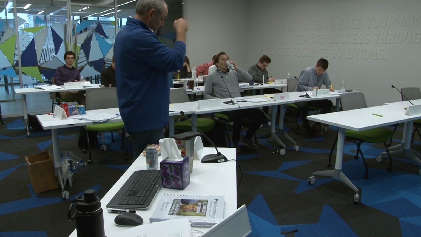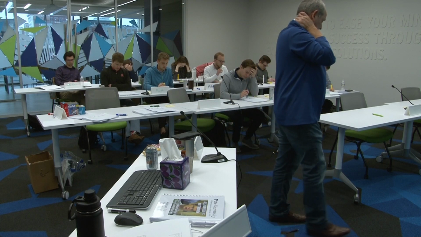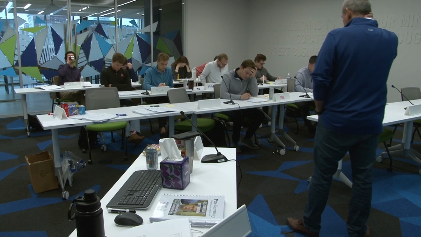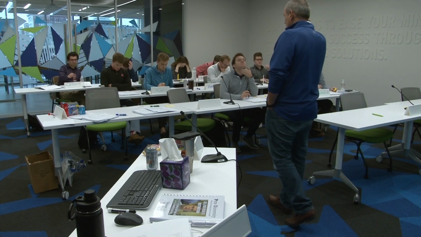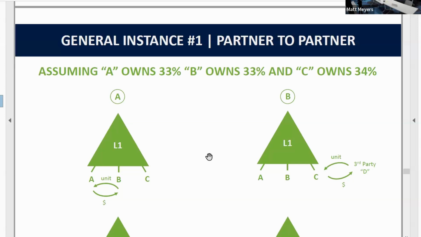Yeah. Okay, so there's two categories of transactions that a 754 possibly could result from. One is a partner-to-partner transaction, and one is a partner-to-partnership transaction.